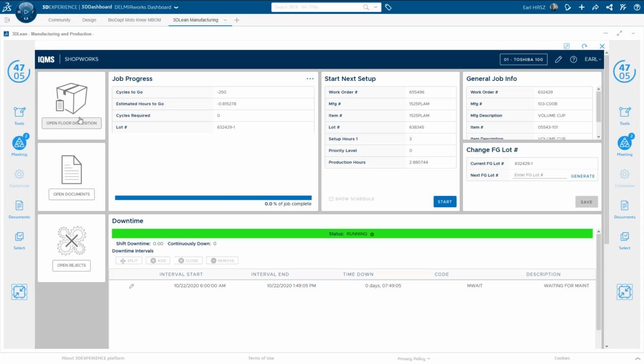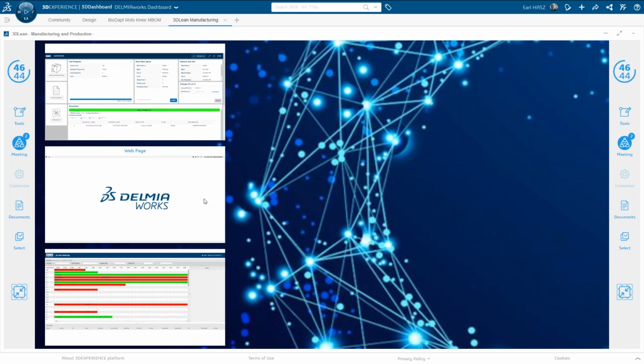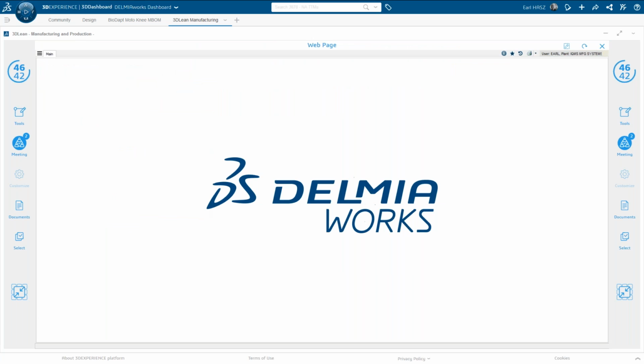And equally, when I'm done, I can identify exactly how the production's going on. Now, by going through this process, I'm filling out and providing information back to my ERP system and my MES software.